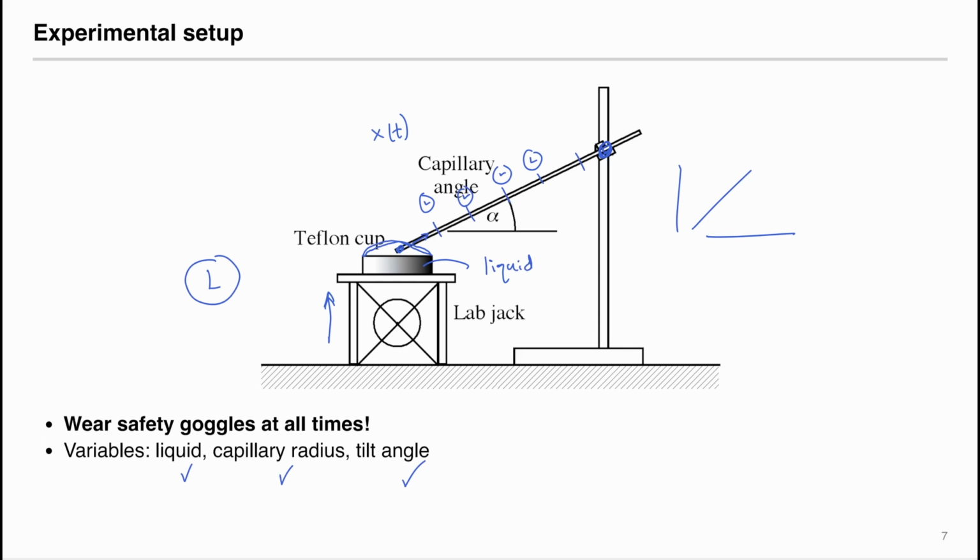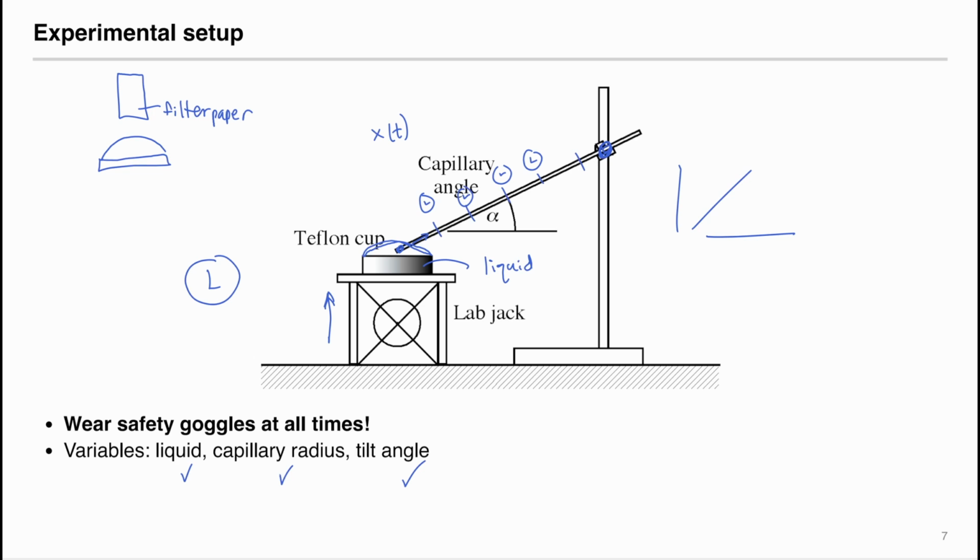And for the wicking through a porous media, it is similar, where you have a Teflon cup and then you have some sort of liquid in it. You can have water, for example, and you will also have a strip of filter paper.